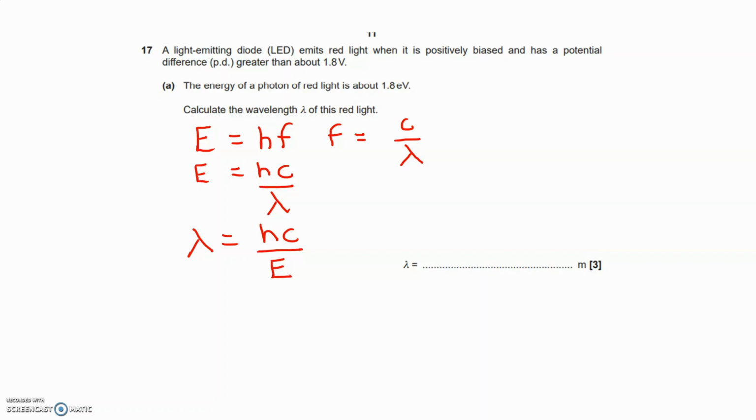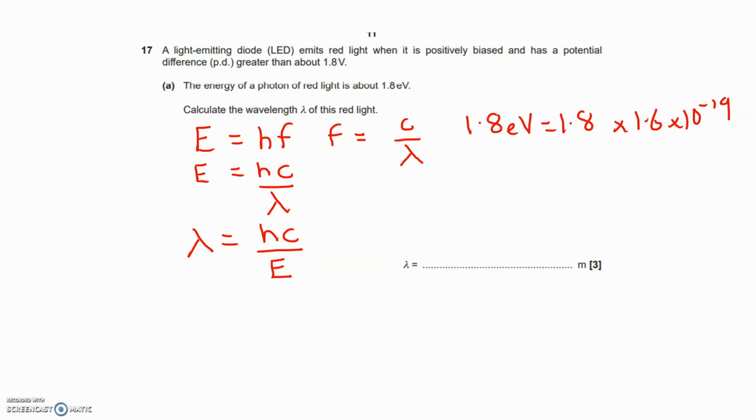So can we get the energy from the information in the question? Well, we're told that the energy of a photon of red light is about 1.8 electron volts. So we need to convert that value into joules. 1.8 electron volts is 1.8 times 1.6 times 10 to the minus 19 joules.